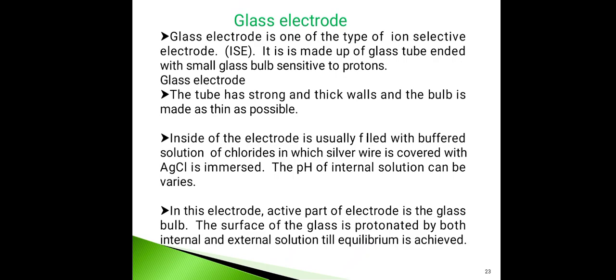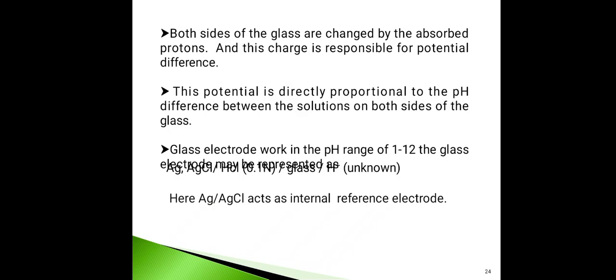Therefore, in this electrode, the active part is the glass bulb. The surface of the glass is protonated by both the internal and external solutions till equilibrium is achieved. Both sides of the glass are charged by the absorbed protons, and this charge is responsible for the potential difference. Therefore, a potential difference is developed at the surface of the glass membrane, and this glass membrane or glass bulb separates the two solutions, one the internal solution and the other the external solution.